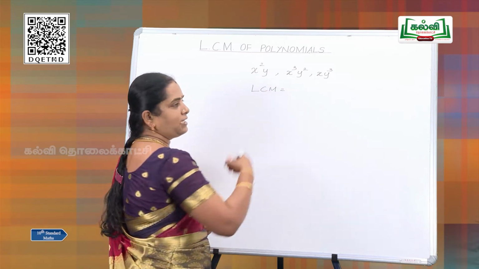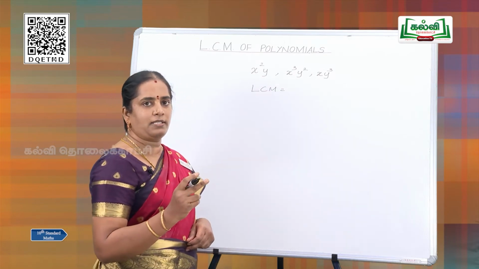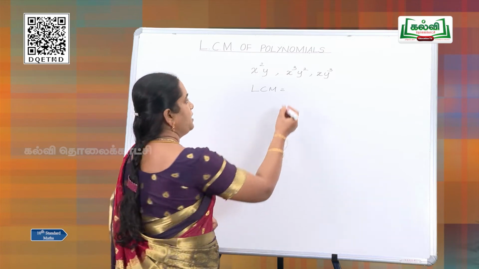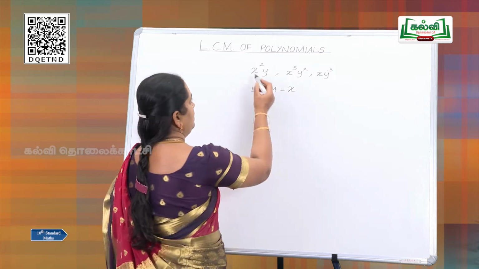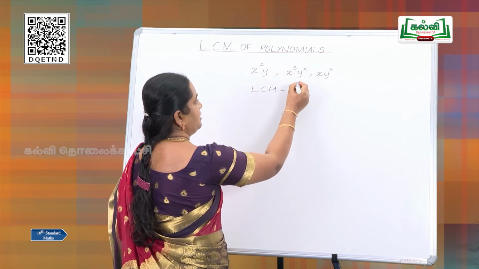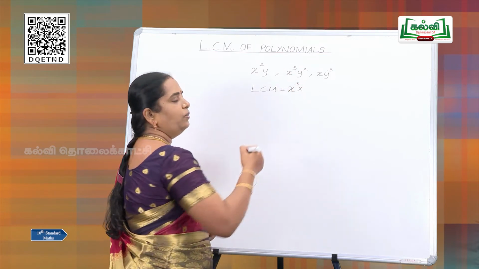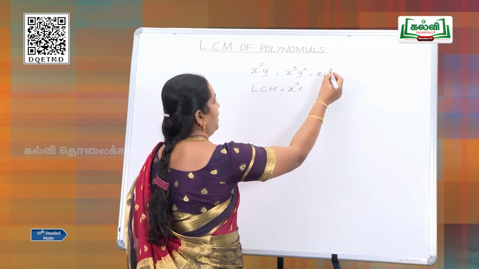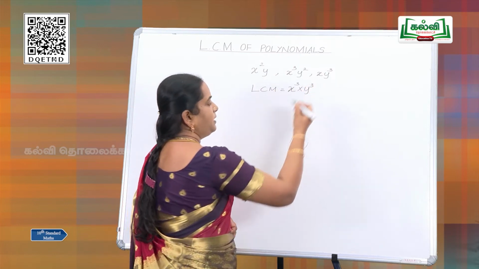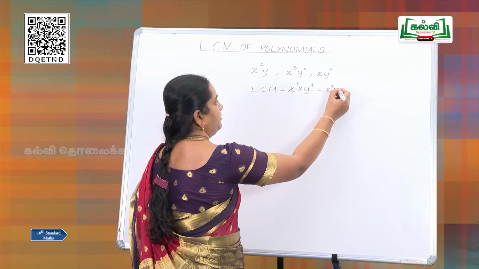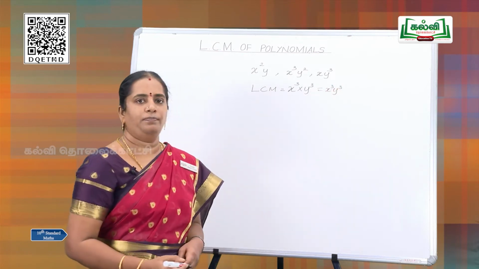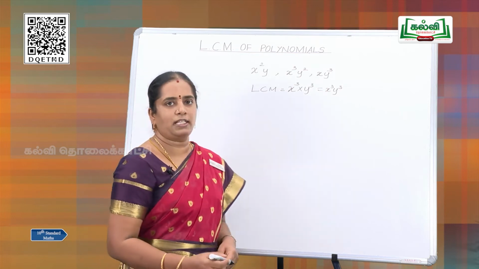In all these three expressions, we have two factors, namely x and y. So x should have the highest power among these, which is 3, and y should have the highest power, which is also 3. So x cube y cube is the LCM of all these expressions.